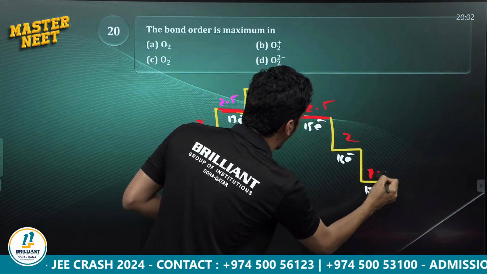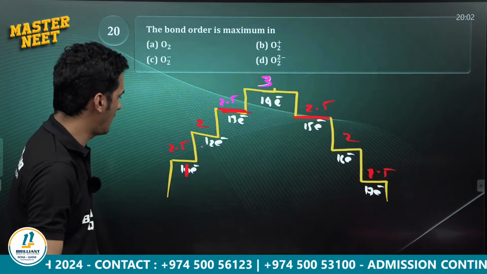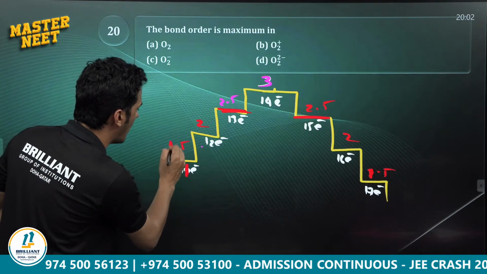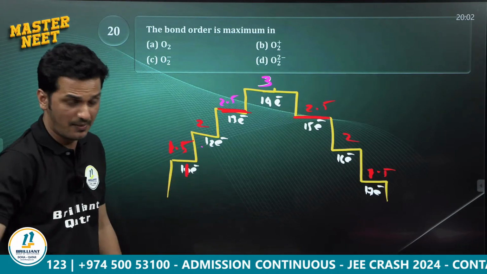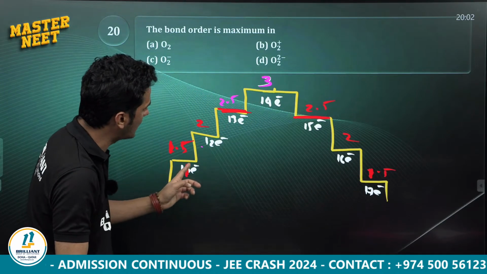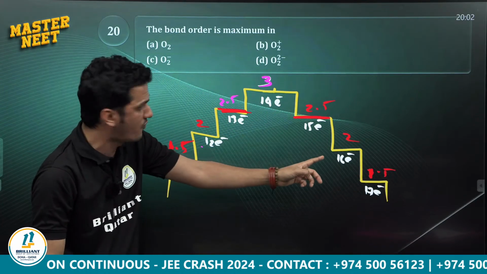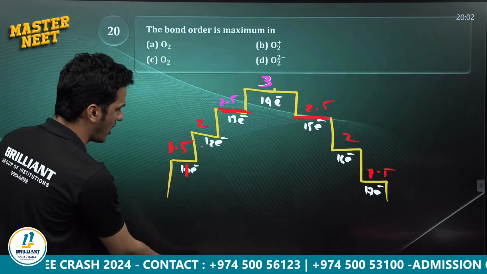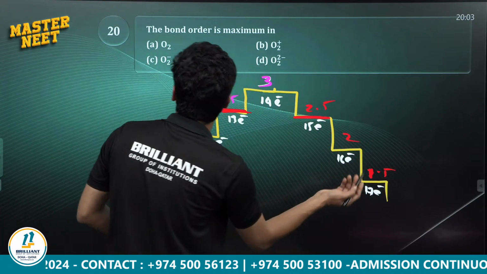This one will be 1.5. Like that it will go. While going down, it will go like that. That's the idea. This yellow and white color represents the number of electrons, and this one represents the bond order. Now you just check the bond order; just count the number of electrons in everything.